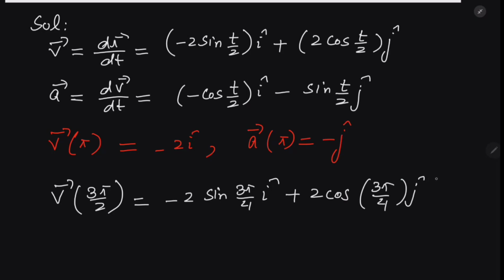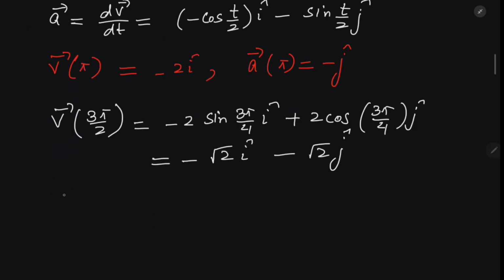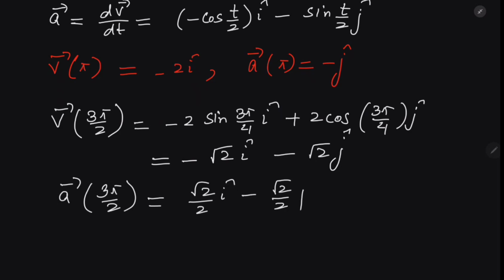So the velocity at 3 pi by 2 is minus 2 under root 2 i, and you can calculate it from the calculator, minus 2 under root 2 j. Similarly, the acceleration at 3 pi by 2 is equal to under root 2 by 2 i minus under root 2 by 2 j.